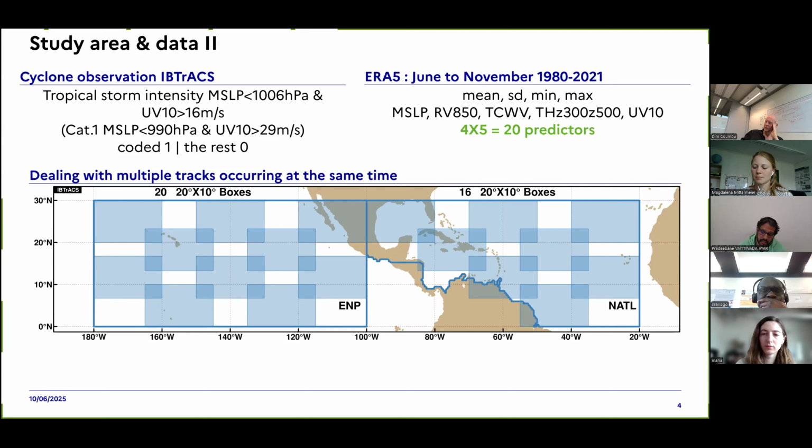So basically, it depends on the person who declared that this is a cyclone or not, and the position is based on satellite images, which have some uncertainties. But well, this is the best we have for cyclones.